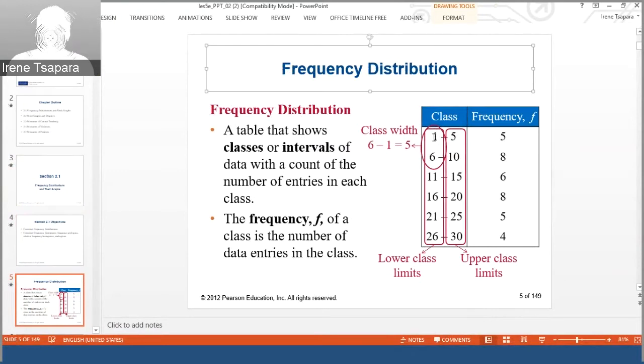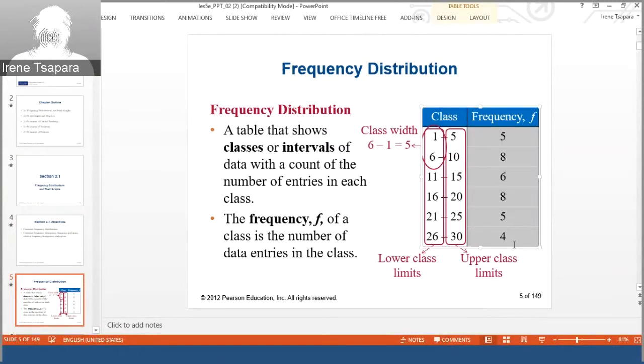Let's take again the test and assume now that the maximum grade that the student can get is 30. So we have grades from 1 to 30, and I have a total of students in the class. If I want to know how many students I have in the class, I have to add all those values. So 5 plus 8 plus 6, 19, 27, and 9, 36. So I have 36 students in the class and they received specific grades.